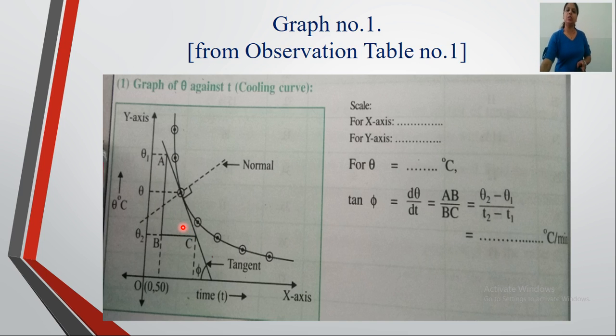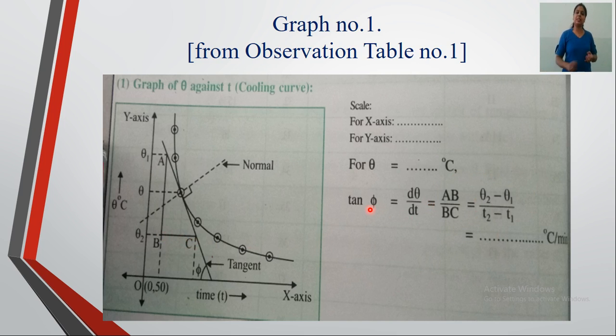You can find the slope by using y2 minus y1 upon x2 minus x1. Another method is to make one triangle along this tangent and measure the length AB upon the length BC, in centimeters. That's how you will get the slope, that is tan phi.